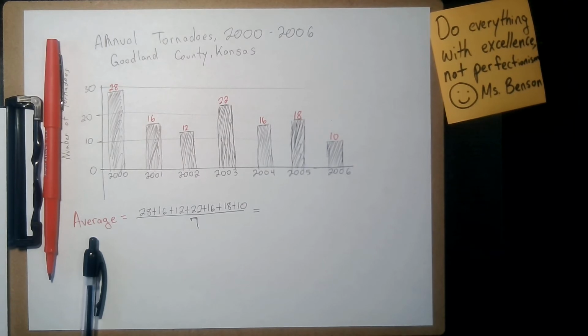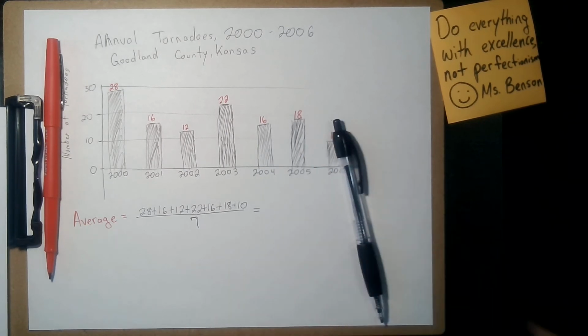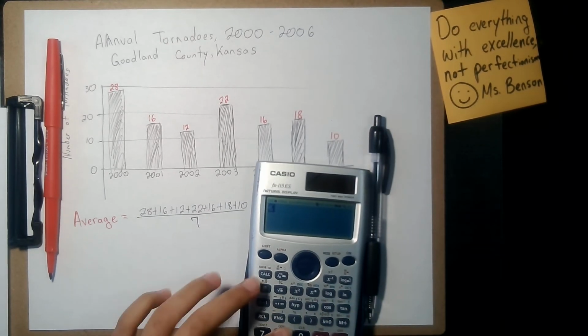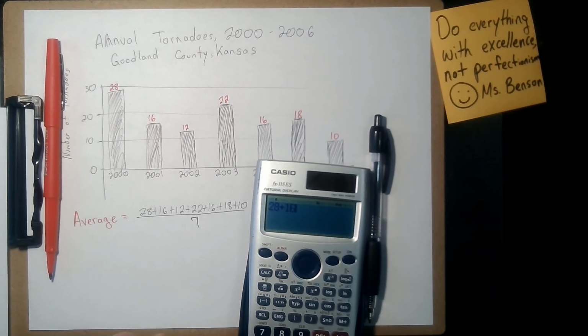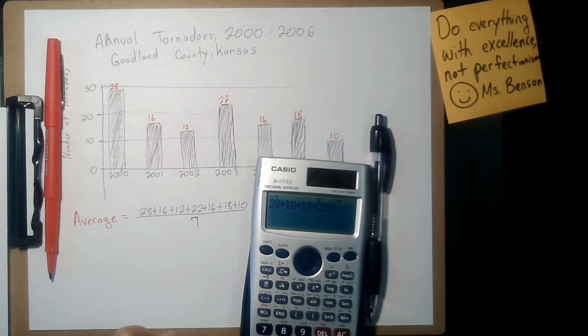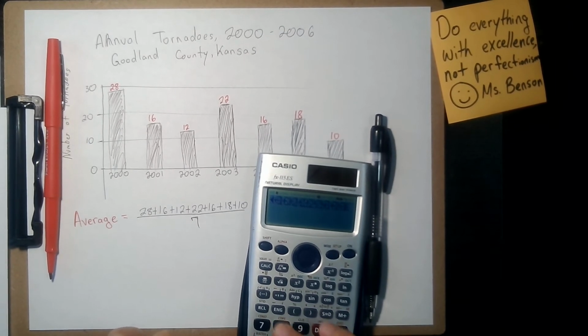Oh, I'm sorry. Let me go ahead and grab my calculator, because you're going to do this on your calculators for the exam as well. Alright. So now I get 28 plus 16 plus 12 plus 22 plus 16 plus 18 plus 10.